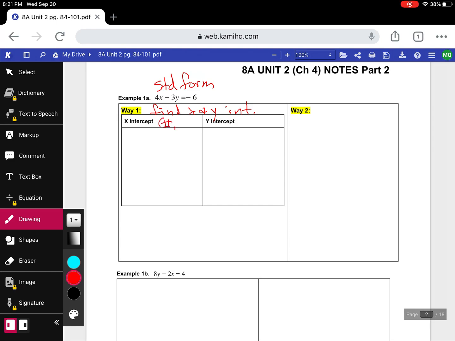We know an x-intercept is when y is 0. So I'm going to plug 0 in for y. I've got 4x minus 3 times 0 equals negative 6. Divide by 4. I get x equals negative 1.5, so I've got negative 1.5 comma 0.